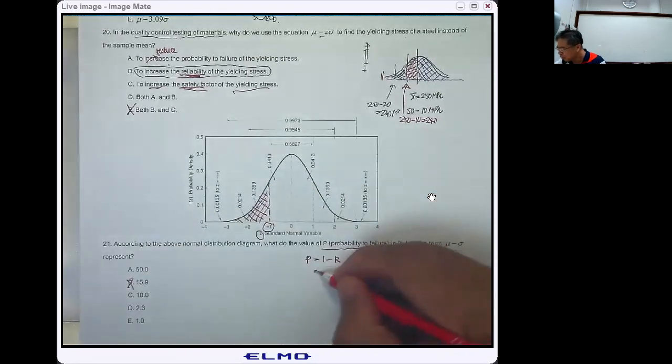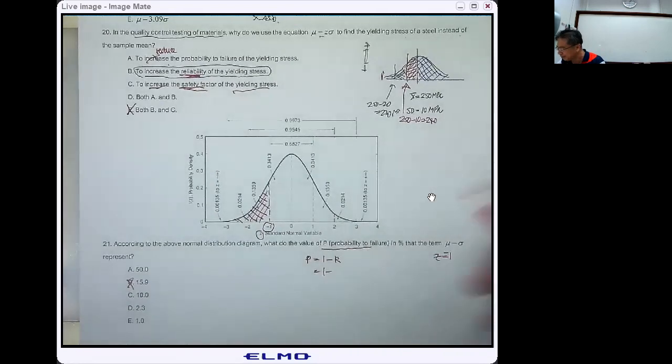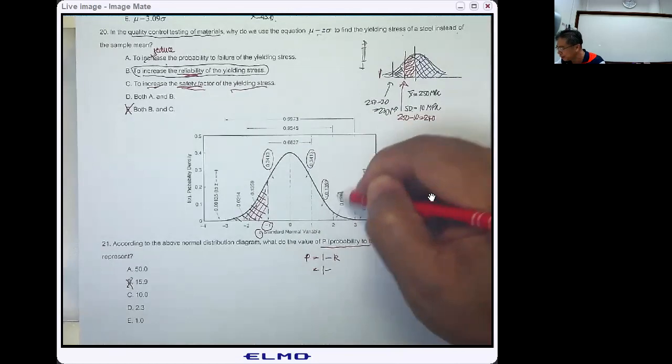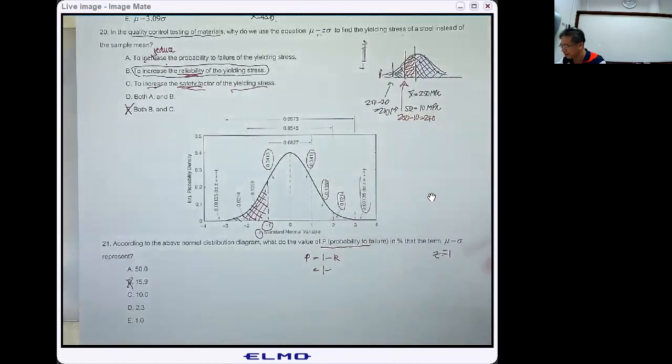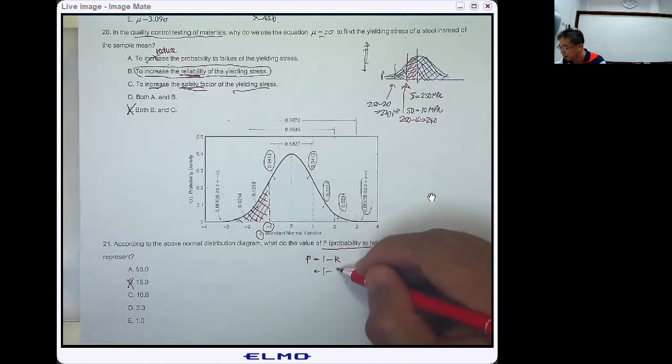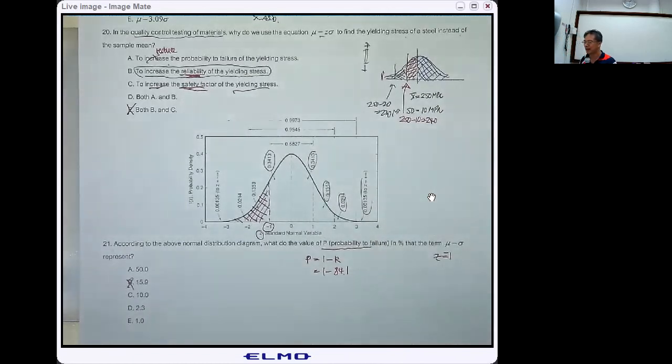Or if you just subtract, 1 minus all of these areas, you're going to get about 84.1, and then you will get the same value here. And come to the next problem.